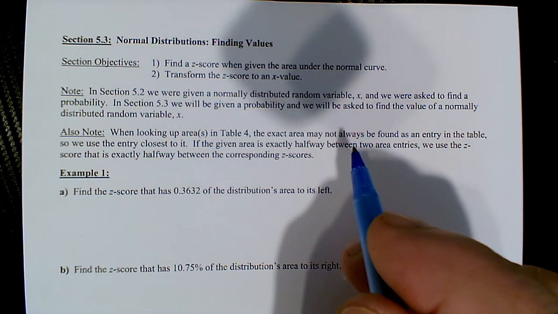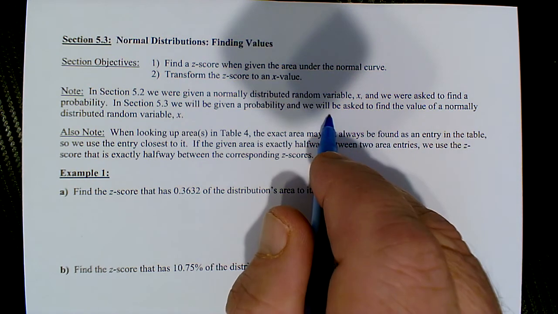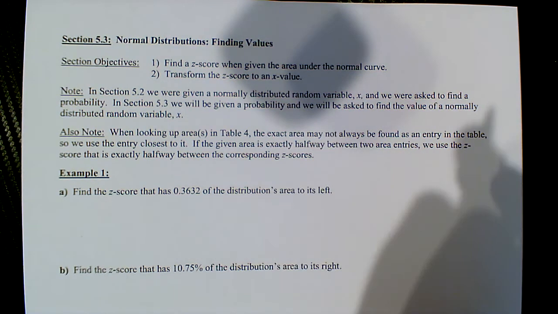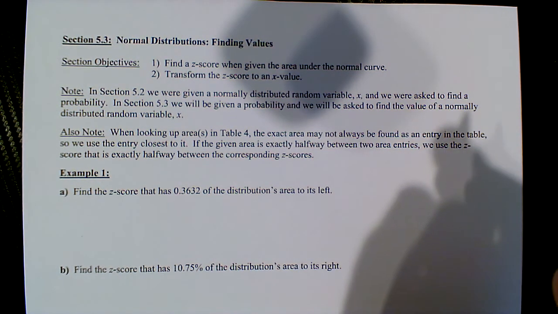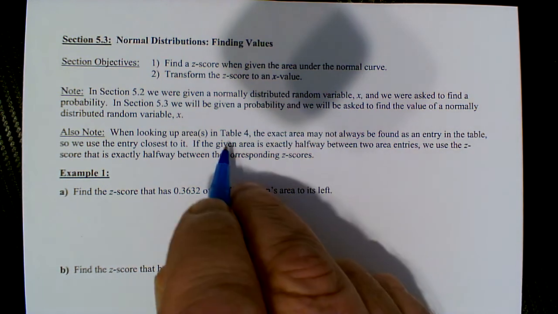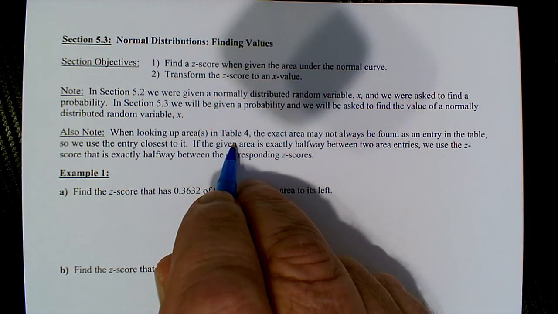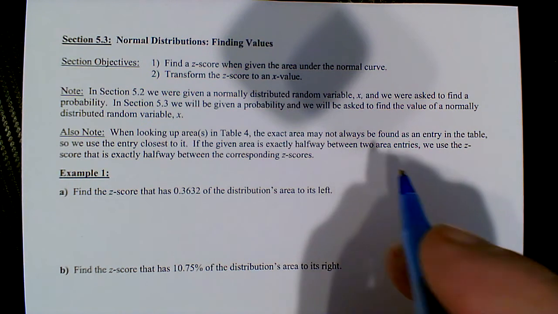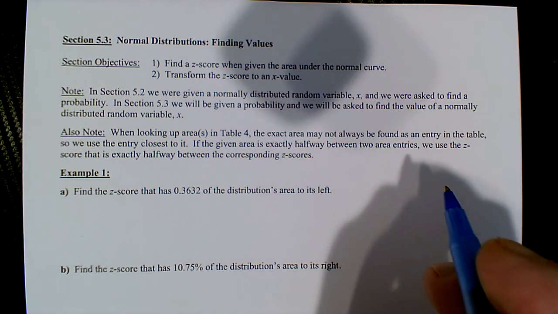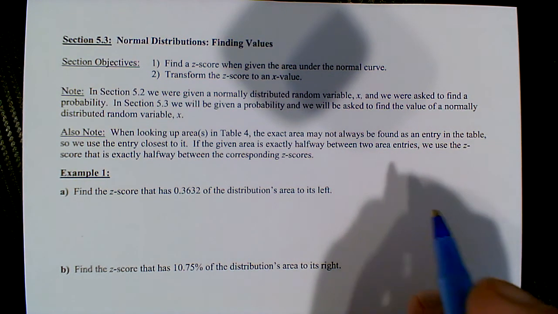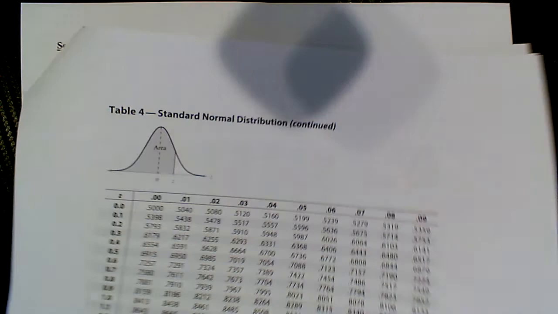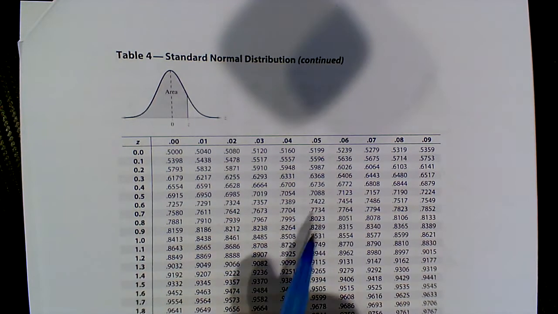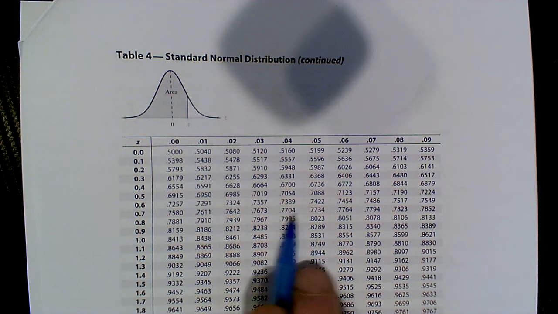So this summarizes the idea, a little note here as I just explained. And also, when we look up areas, we'll see through examples, the exact area may not always be found in the entry of the table. Now, when I'm talking about looking up an area, if we look at table 4, I'm talking about looking at what I call the guts of the table.